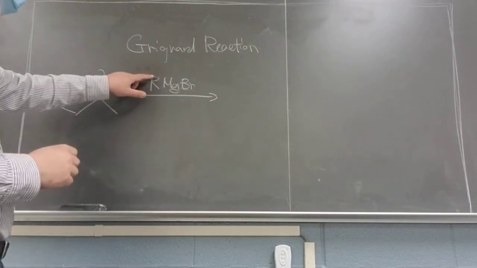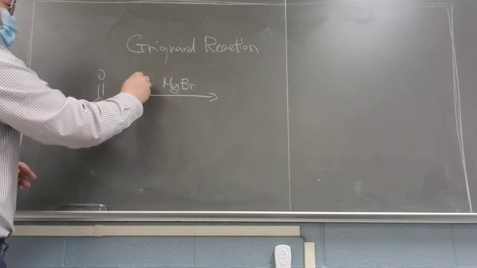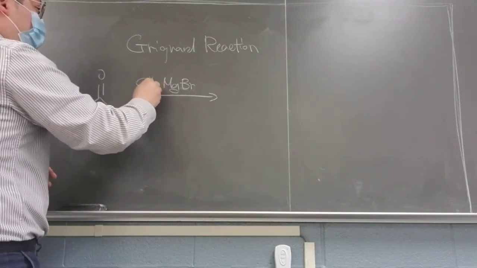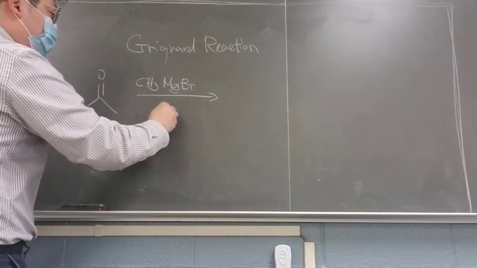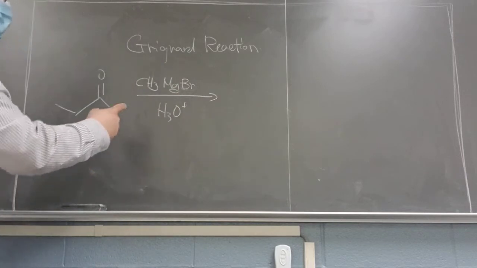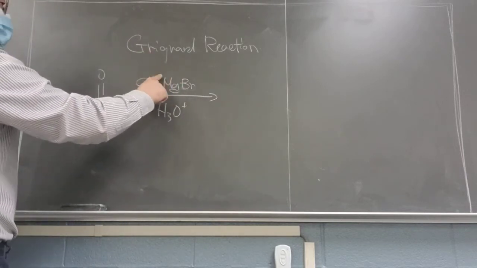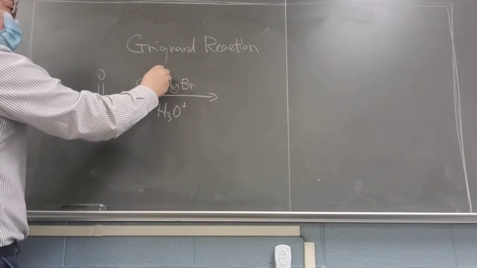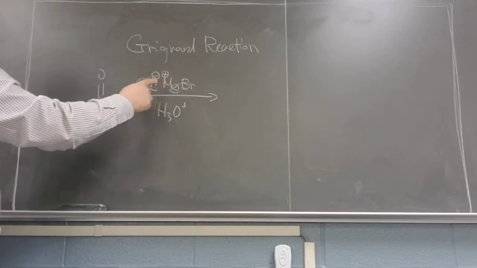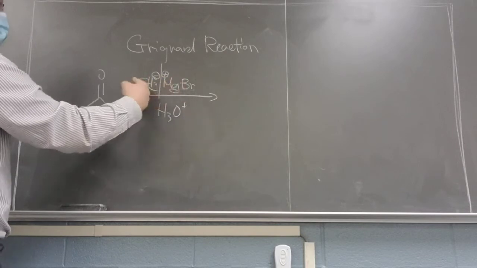Maybe you can change this R group to a methyl group. What happens is when they break apart here, they give us this R group as negative and positive on the magnesium part. So they separate in this way.